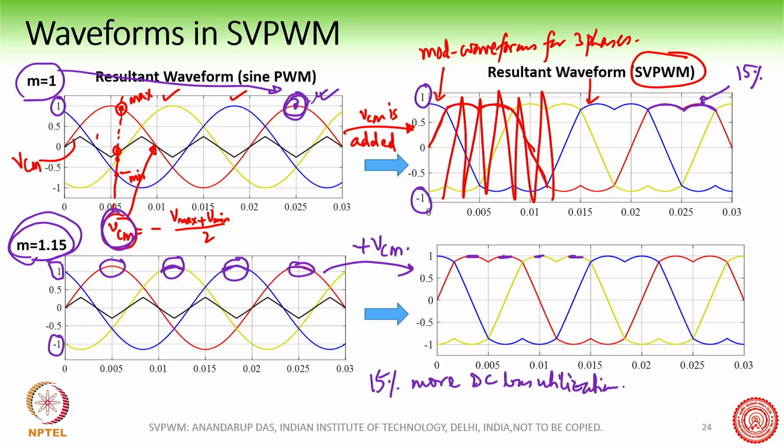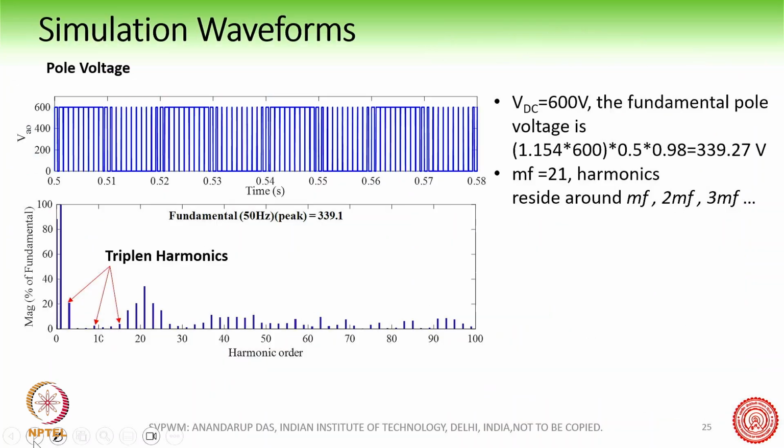In sine PWM, if we had used this, we would have gone to overmodulation. Here we are in overmodulation in this case, but here in this case we are in linear modulation. So that is the 15% extra which we get in space vector PWM.